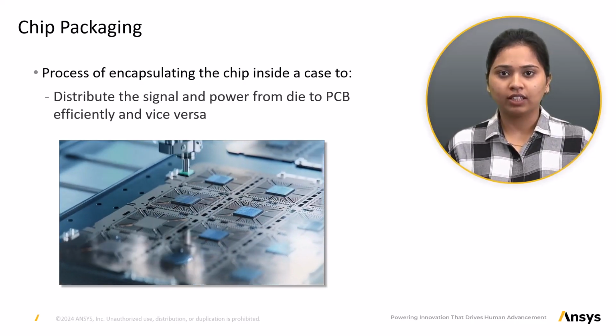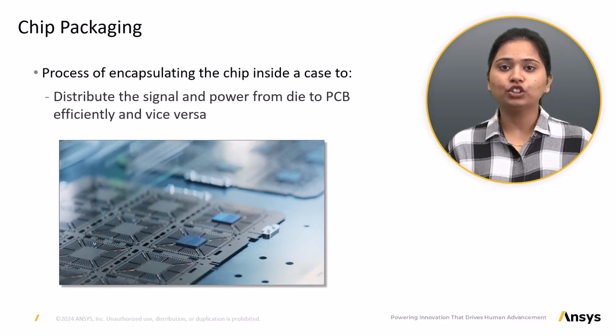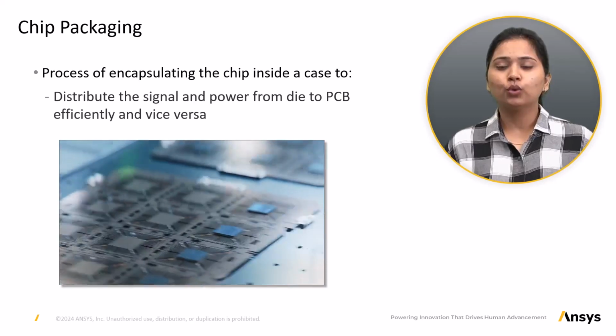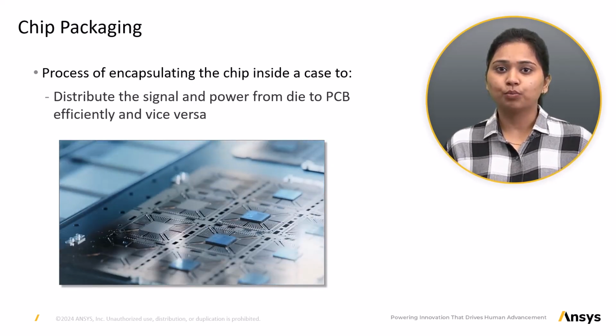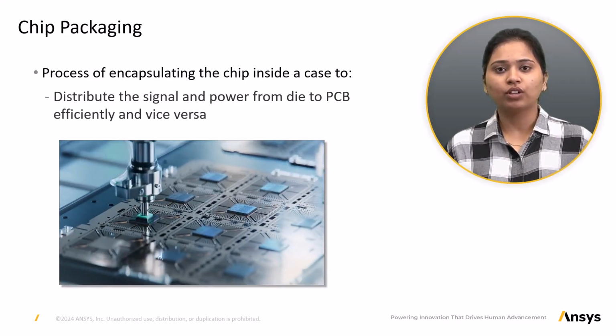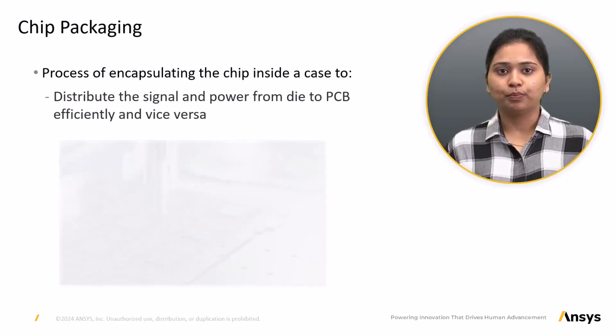To simplify the connection to the PCB and distribute the power and communication signal from the chip to the PCB and back, we require chip packaging as it provides a manageable port connectivity to the PCB than directly connecting the chip.